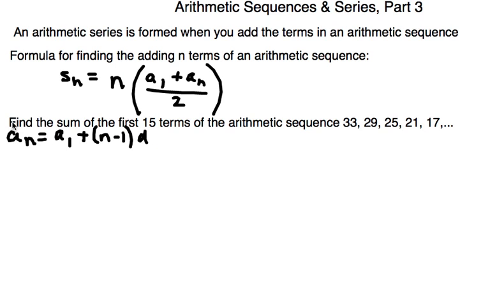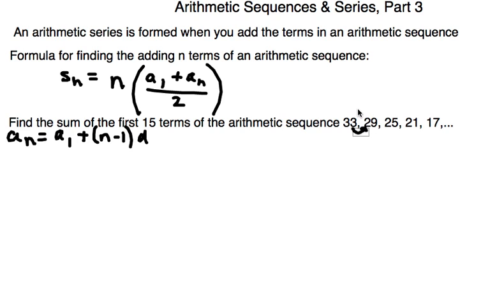So our first example is find the sum of the first 15 terms of the arithmetic sequence as follows here. Okay, we already did this one in the last video, but I'll just review how we'll do that. So the first thing we want to do is find our d, and our d can be found by looking at the terms.